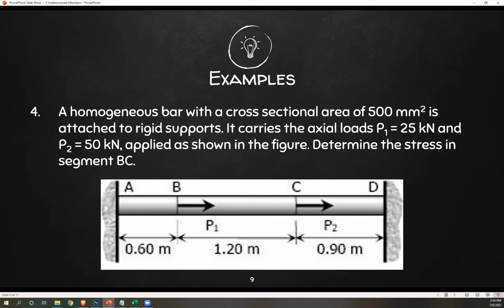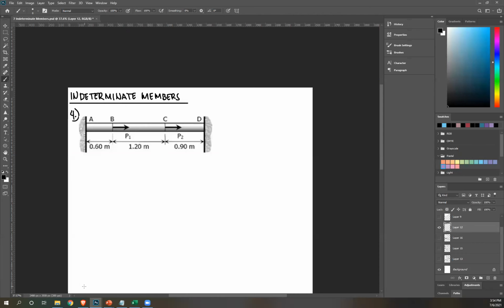So it's pretty straightforward. Homogeneous bar meaning it's the same material all throughout. So meaning its modulus of elasticity is the same. And then the only thing we're looking for is stress in BC. So here. Okay, let's figure that out. So write out our given. The only given are the forces.